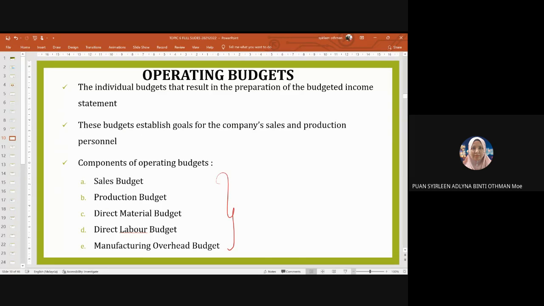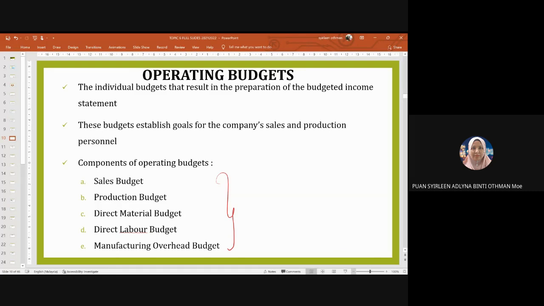Okay, sebab bila kita dah tahu berapa banyak kita jual, kita akan tahu berapa banyak kita perlu keluarkan. So when you know how many products that you're going to produce for that particular year, so kita boleh terus kira direct material, direct labor, and we can estimate our manufacturing overhead budget.